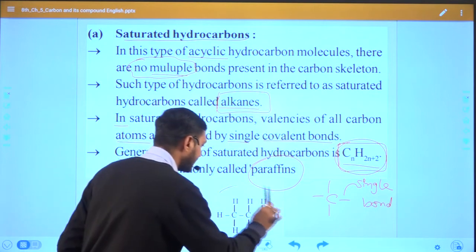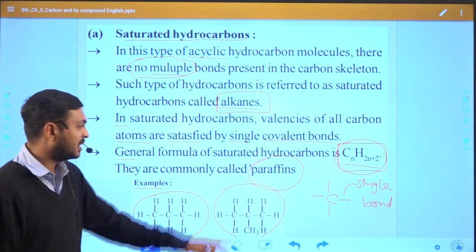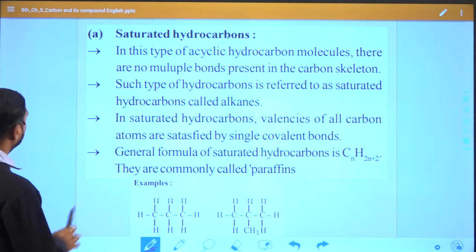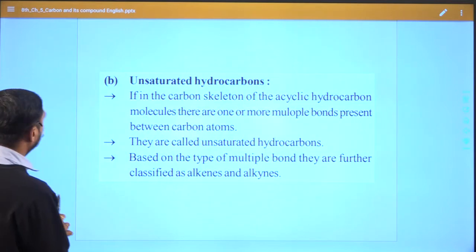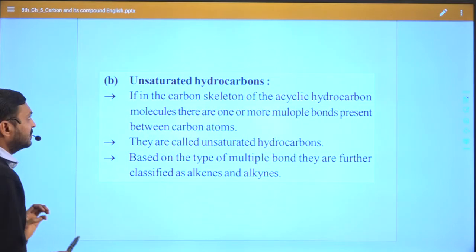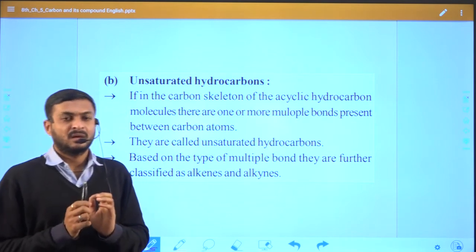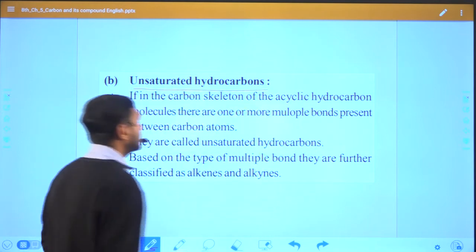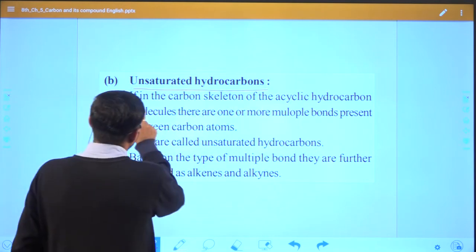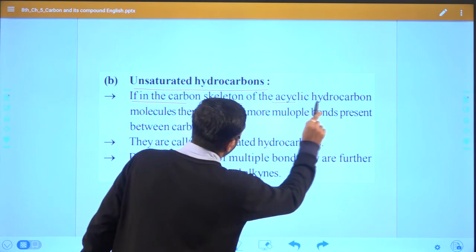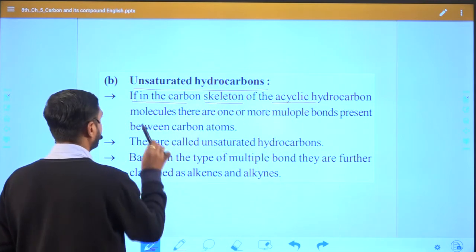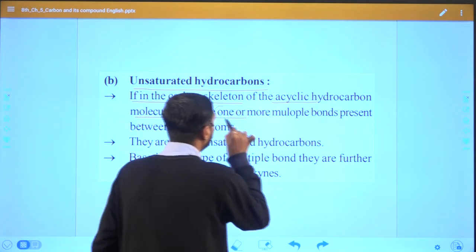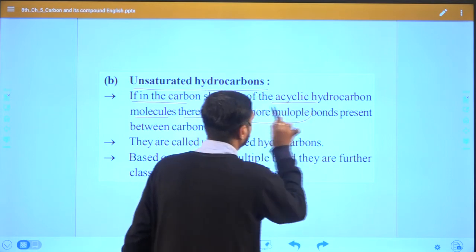You can see in the second example as well, there is no multiple bond. Now we have discussed saturated compounds. How can we differentiate unsaturated compounds? In an unsaturated compound, in the carbon skeleton of an acyclic hydrocarbon molecule, there are one or more multiple bonds present between the carbon atoms. This is very important.